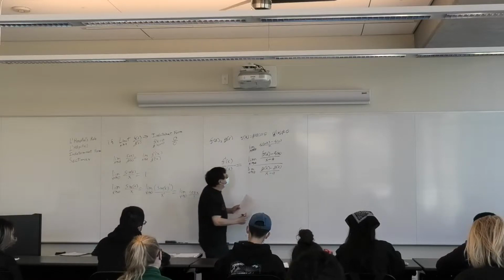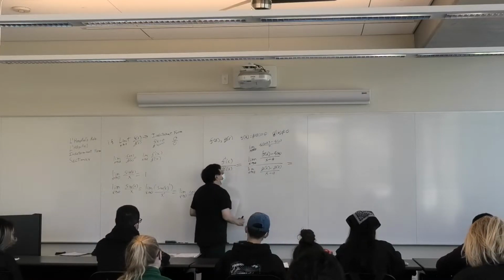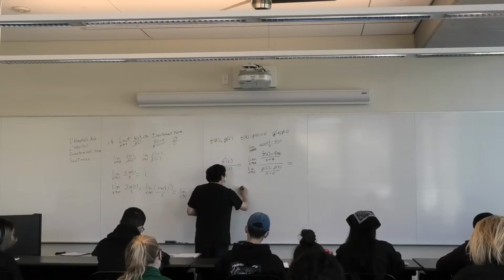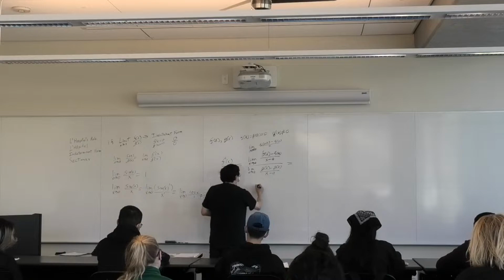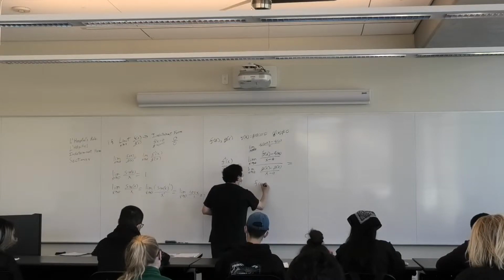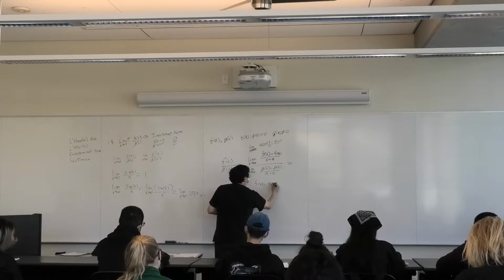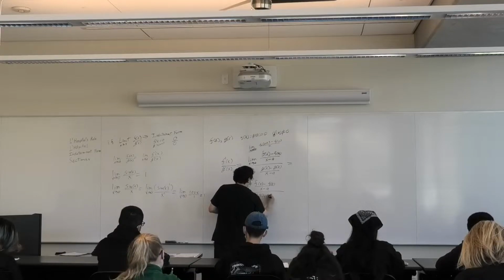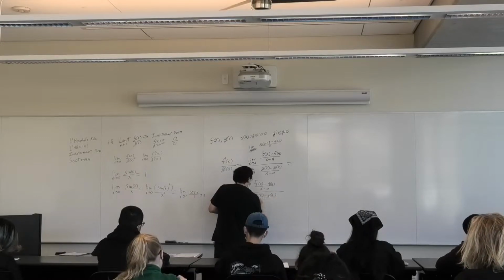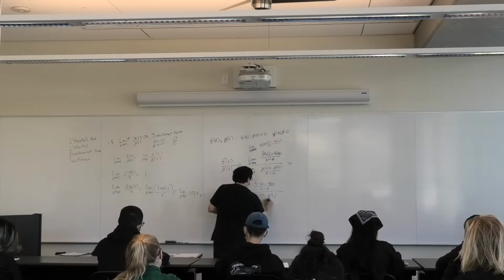Well, using the limit rules, it's just the limit as x approaches a of f of x minus f of a over x minus a, divided by g of x minus g of a over x minus a.